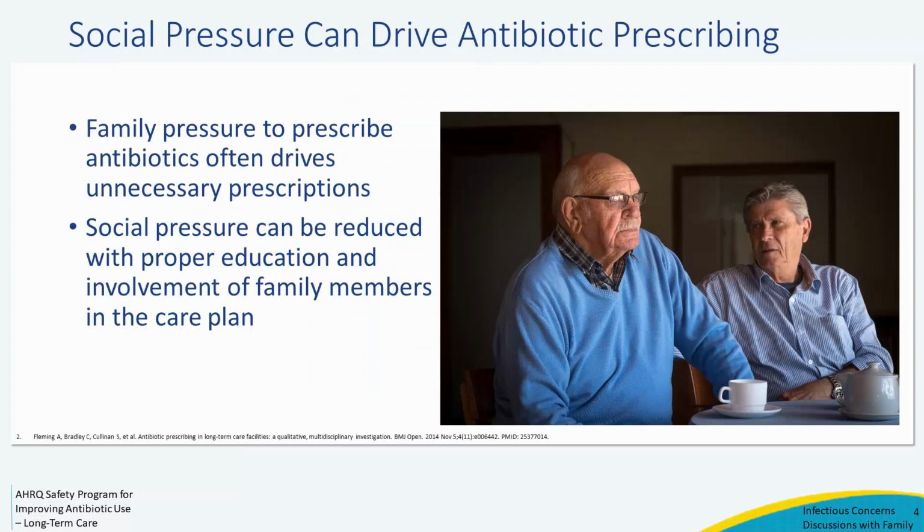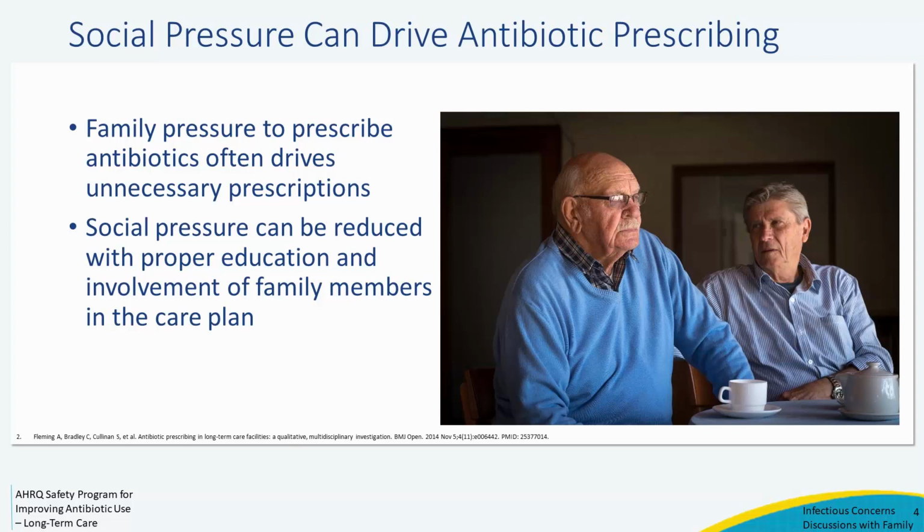Social pressure can drive antibiotic prescribing. Research shows that family pressure to prescribe antibiotics is common in long-term care, and this often drives unnecessary prescriptions. Family members are concerned about their loved ones. They have likely been told at some point that an infection, most often a urinary tract infection or UTI, is a common cause of mental status changes.